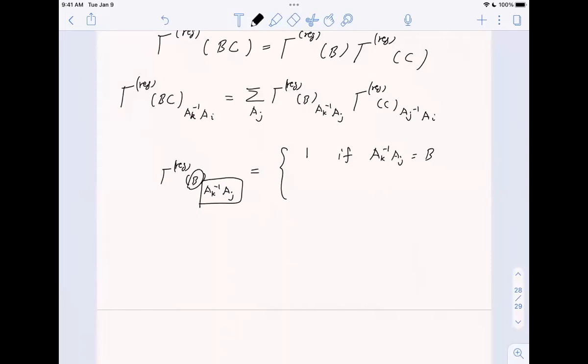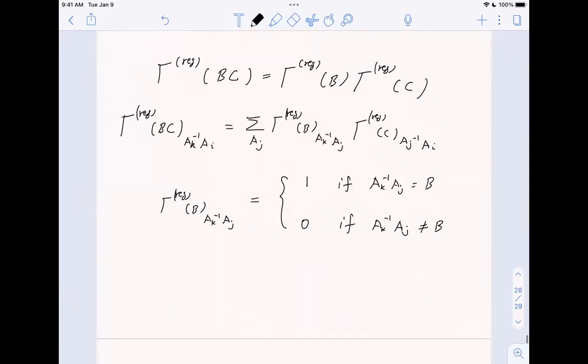That is our definition of the matrix. If they are not B, then it's 0.